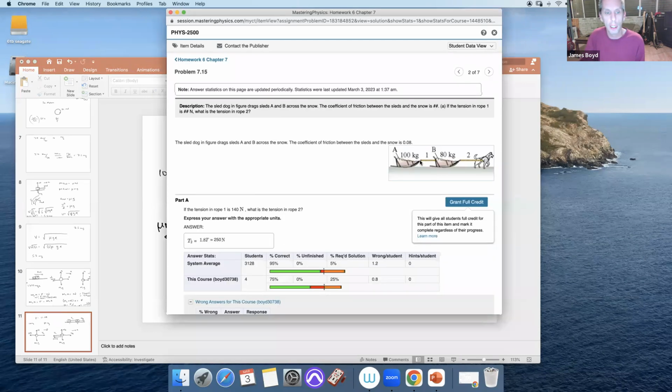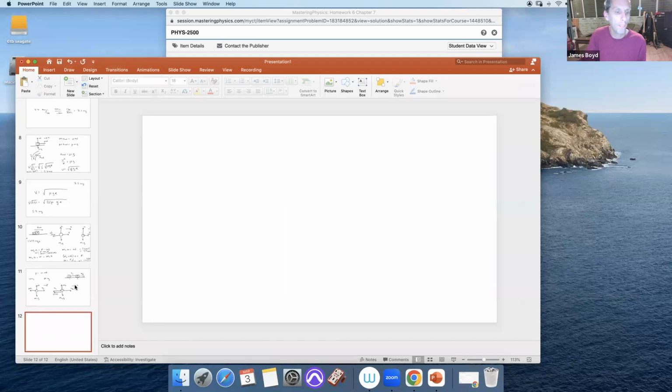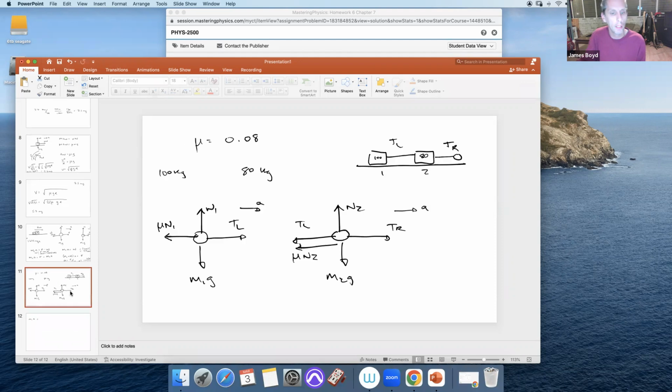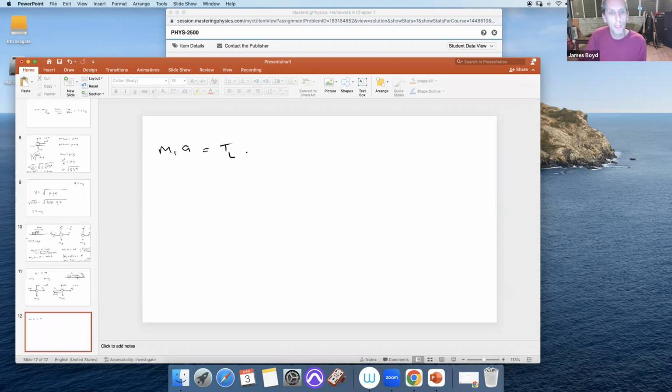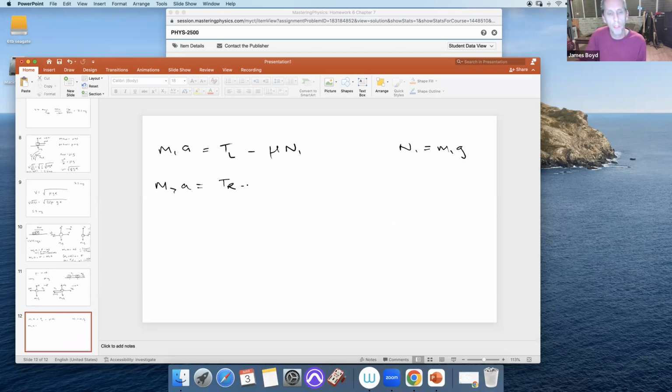Assuming that the tension in rope 1 is 140 newtons. So how do we do this? Well, if we could look back, we have M1A is tension in the left minus mu N1, but N1 was M1G. And M2A, we assume, was tension on the right, minus tension on the left, minus mu N2, and N2 was M2G.